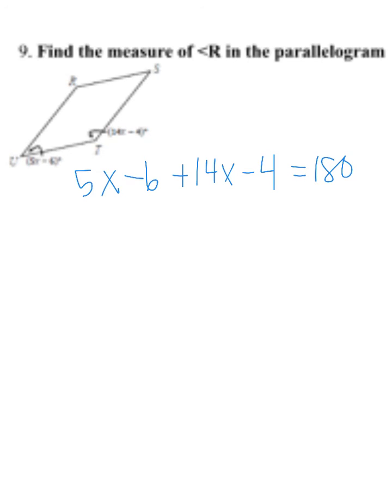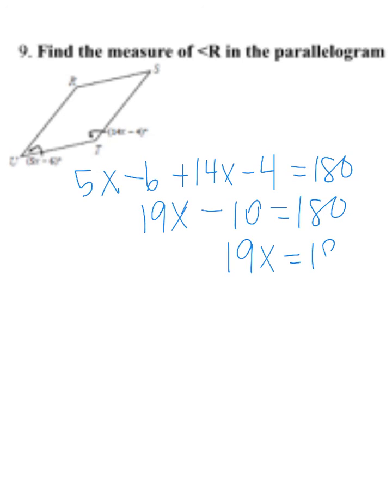When I combine my like terms, I get 19x minus 10 is equal to 180. We get that 19x is equal to 190. And when we divide by 19, x equals 10.